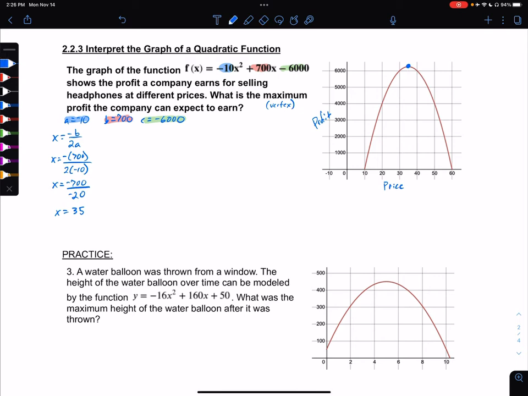All right, now that I know my x value, I do want to complete the vertex. I need to figure out what the y value for my vertex is. And we'll see that the y value represents profit. So if I'm looking for the max profit, there's a good chance it's going to be my y value. Let's go back to our equation of y equals negative 10x squared plus 700x minus 6,000.